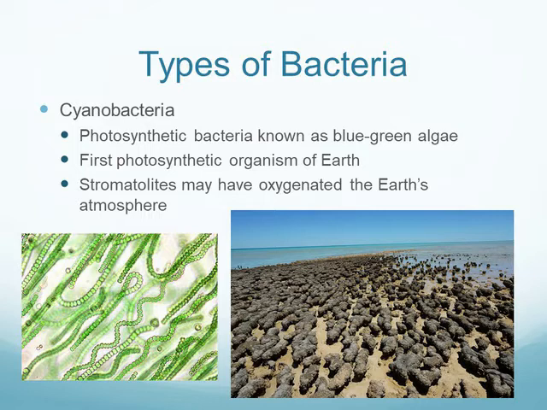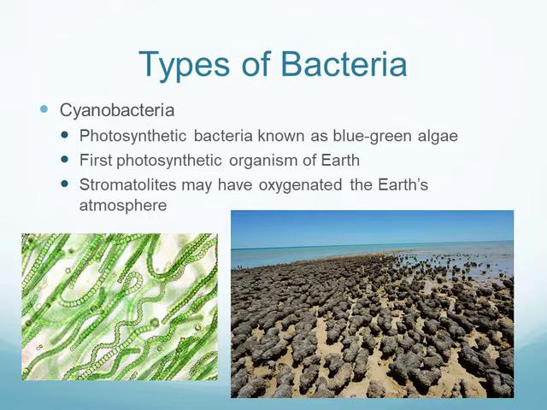So you can see in the image on the left-hand side there, you have round balls all connected together, and each round ball is an individual bacteria. And so you can find long strings of these bacteria all attached together.